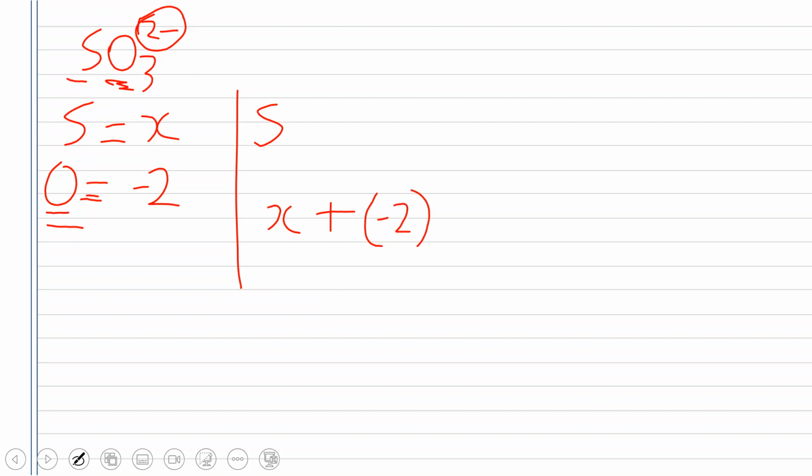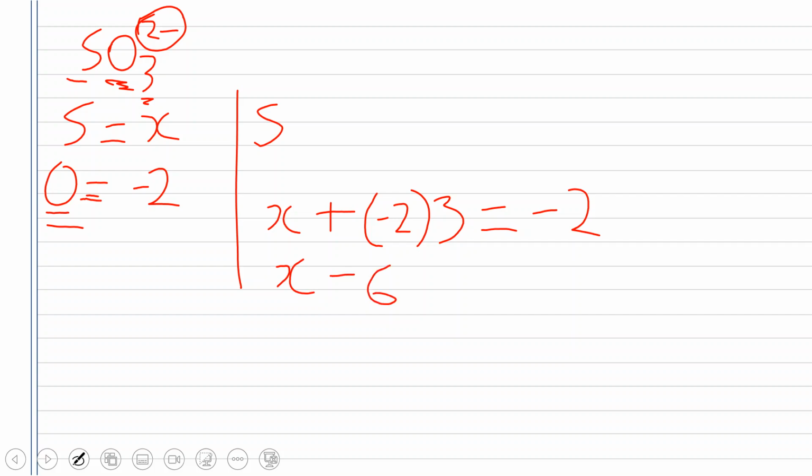Now, how much oxygen do we have here? We have 3 oxygen, so put 3 here. Now we're equating the sum of the oxidation numbers for each element to its charge. The charge is -2. Great, now let's solve this. This is algebra. The rest is just simple algebra. So from algebra, x will be, now 2 times 3 is 6, but there's a negative, so -6.